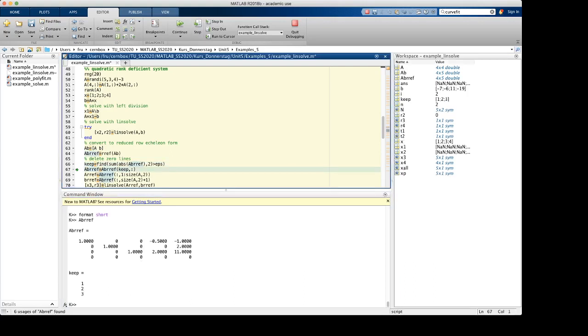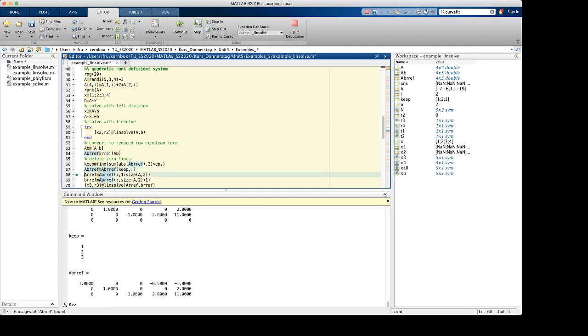So we keep rows 1, 2, 3, and we now take just the rows 1, 2, 3, the indices in keep, and store these rows in the same matrix. So we overwrite the matrix with its smaller version. So we now have just the rows which are not 0.